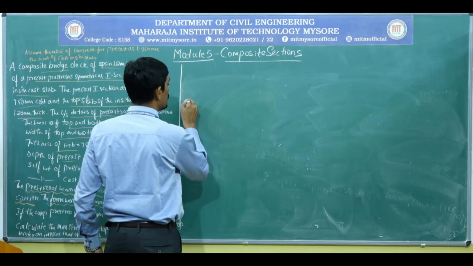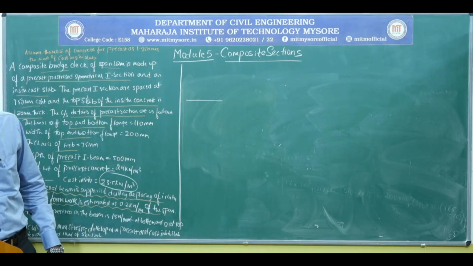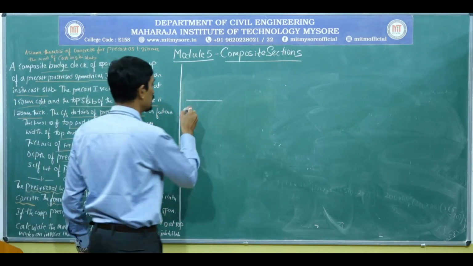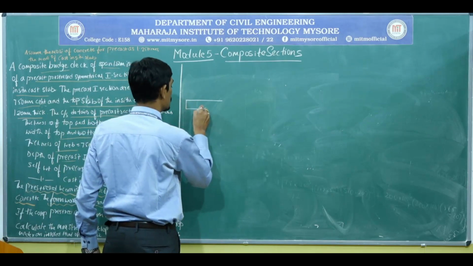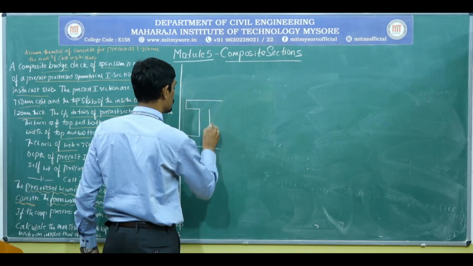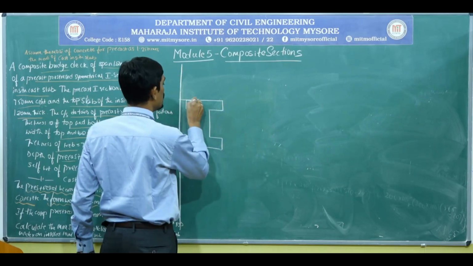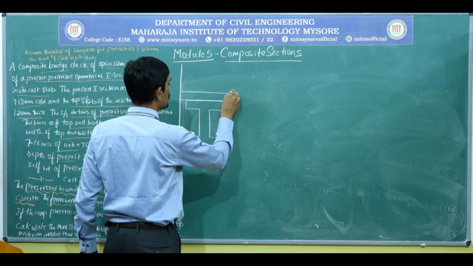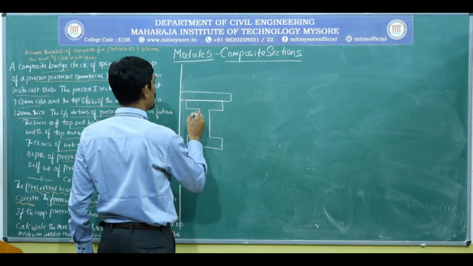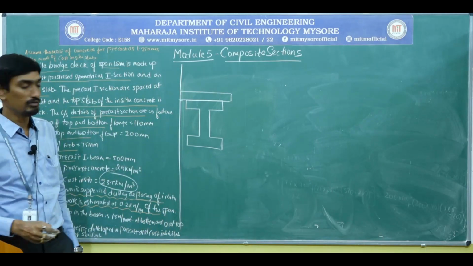First write down the I section. On top of that place a cast in situ slab. This is what they have given.